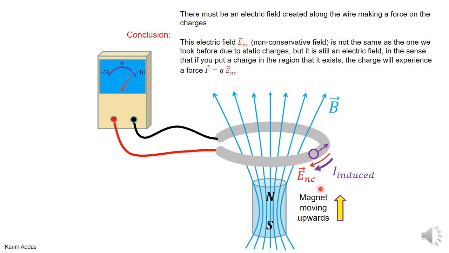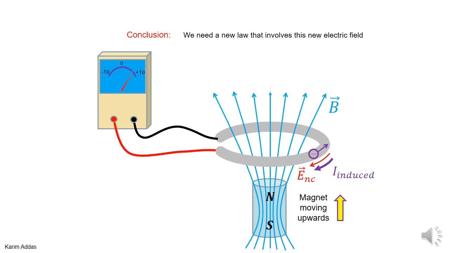This electric field, we give it a new name. It's called a non-conservative electric field, E_NC, non-conservative. It's not the same as the one that we took before due to static charges, but nevertheless it's an electric field, in the sense that if you put a charge in the region where this electric field exists, it'll experience a force Q times E. So then we need to now try and find a law that will involve this new electric field and tell us how to get its value.